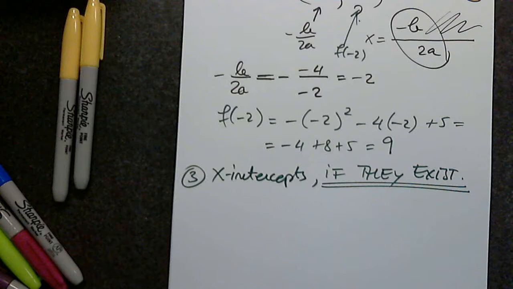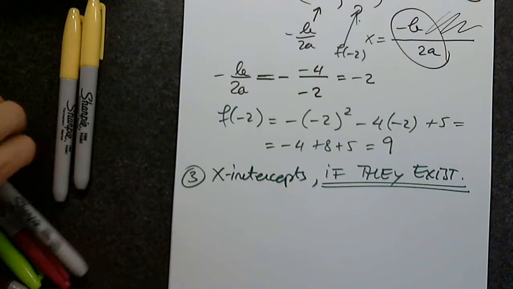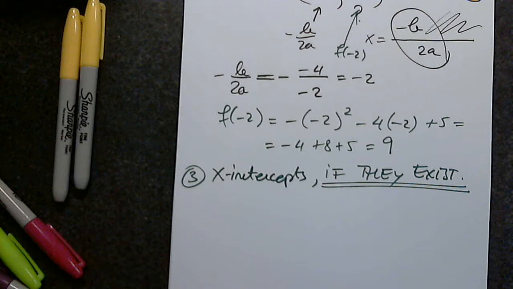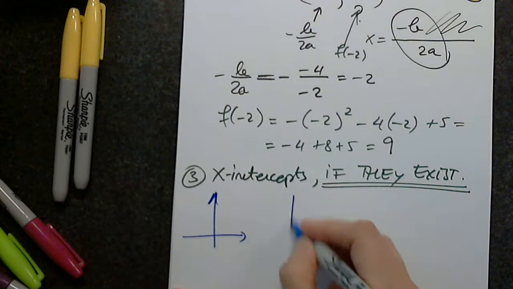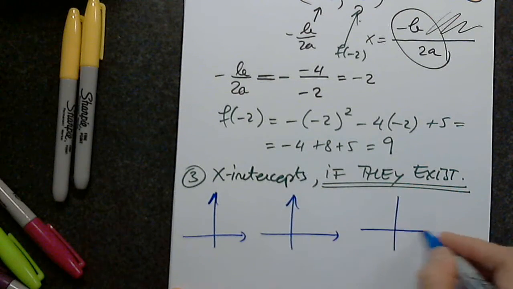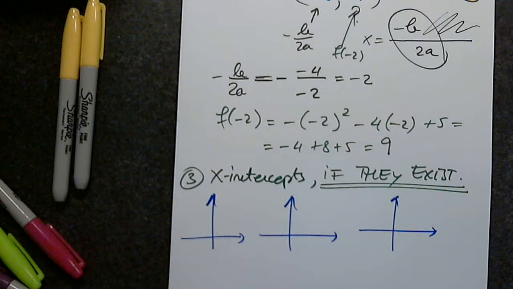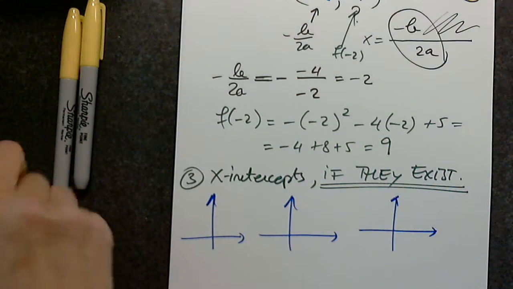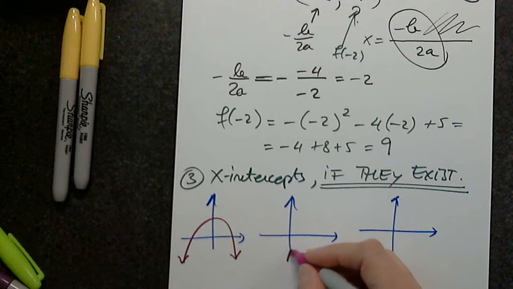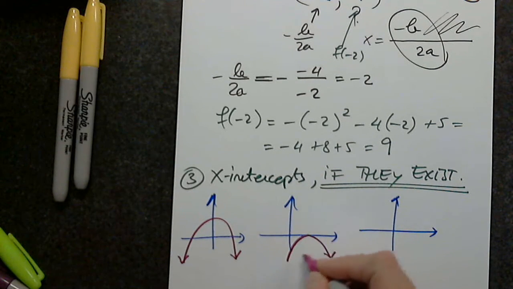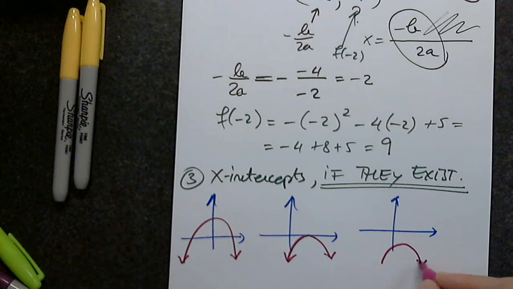Does this function have a max or a min? Very good. So here are all possibilities for a maximum. There is nothing else but these 3. Here's one. Here's the other. And here's the third one.